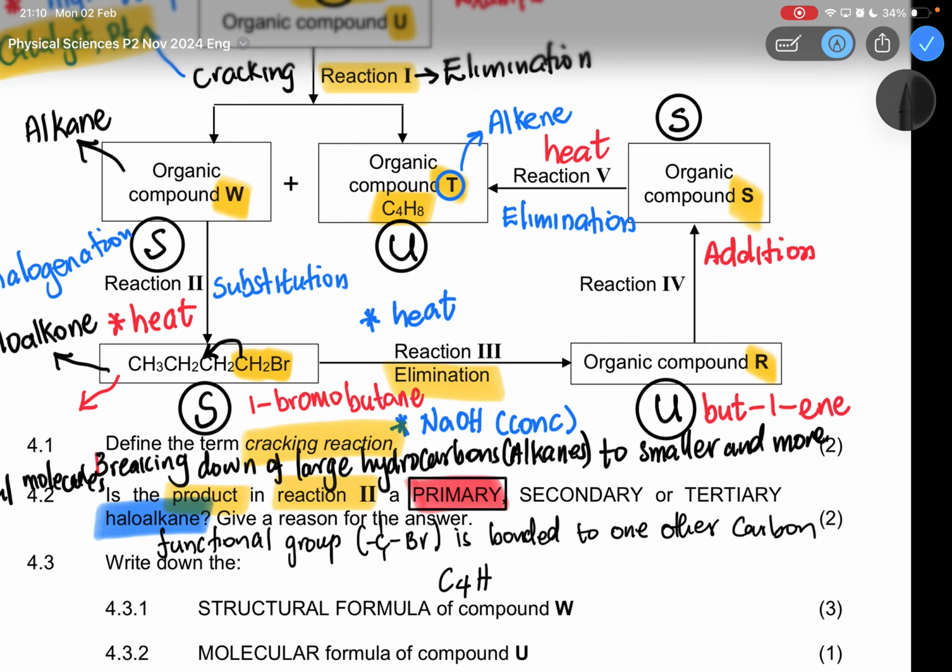Someone says pentane, but pentane has 5 carbons, and this one has 4 carbons. So it is going to be butane then.